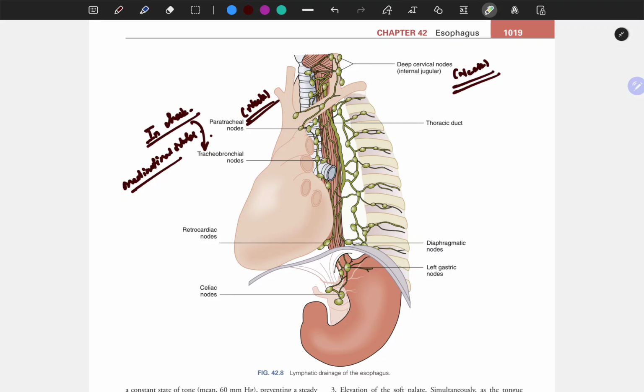Another very important point is lymphatics. The cervical esophagus mainly drains into the deep cervical lymph nodes or internal jugular lymph nodes, and also into the paratracheal lymph nodes. The thoracic esophagus drains into the tracheobronchial lymph nodes and the mediastinal group of lymph nodes, and the abdominal esophagus mainly drains into the retrocardiac and diaphragmatic nodes and the left gastric nodes.